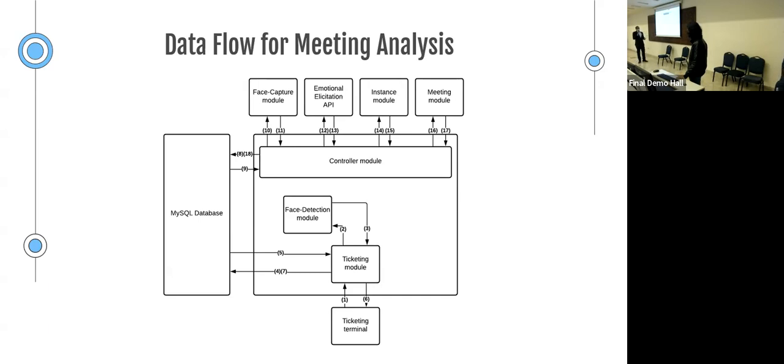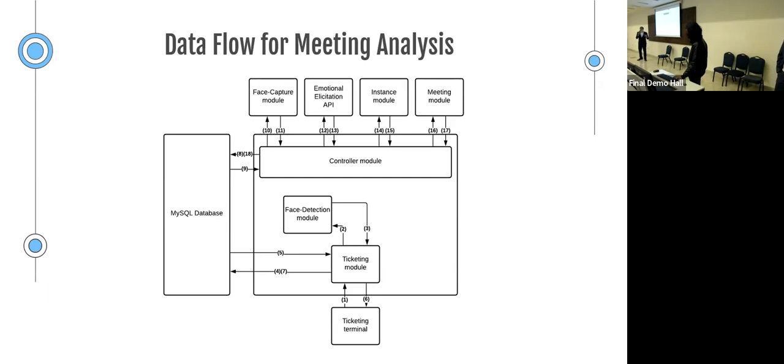What happens in this module is that it cuts the video into separate 10-second clips, and then such mini videos are taken by the controller module and passed to the emotion recognition API we are currently using, and the results are passed to the instance module, which analyzes these 10-second mini videos and starts to notice if any rough shifts happen to the customer in terms of the customer's emotions.